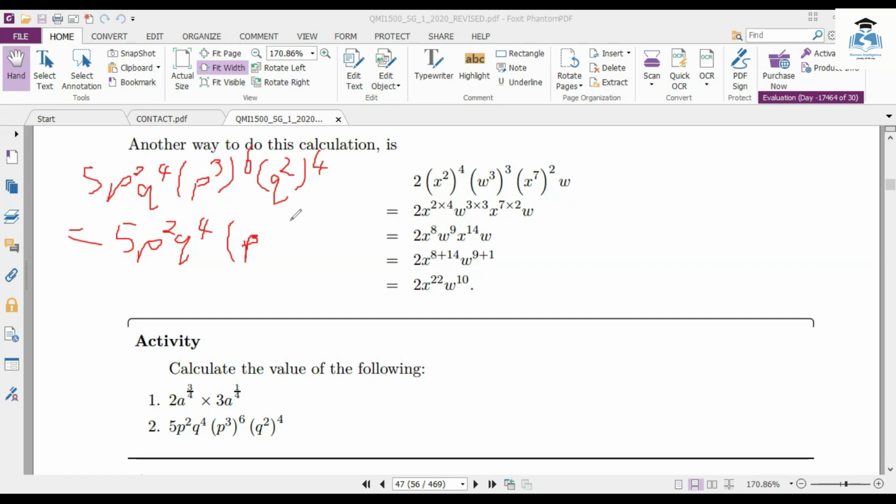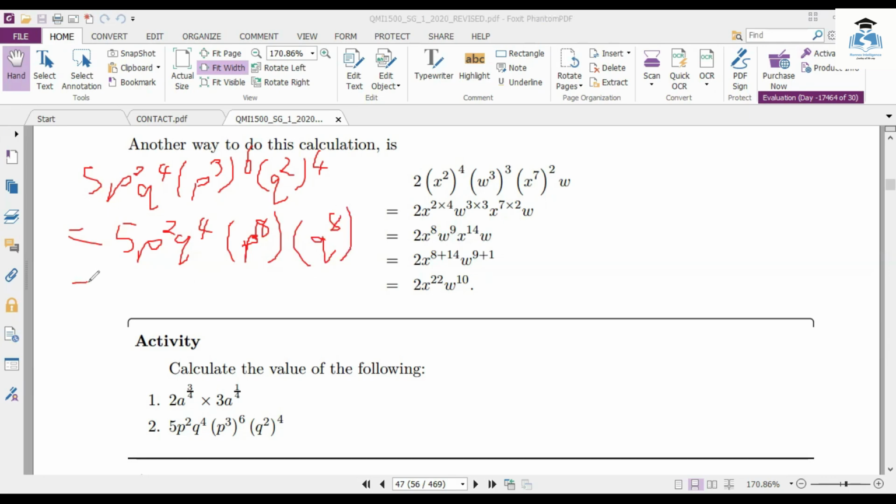Can I try? It will be 5p squared q to the power 4, in brackets p to the power 18 and then q to the power 8.